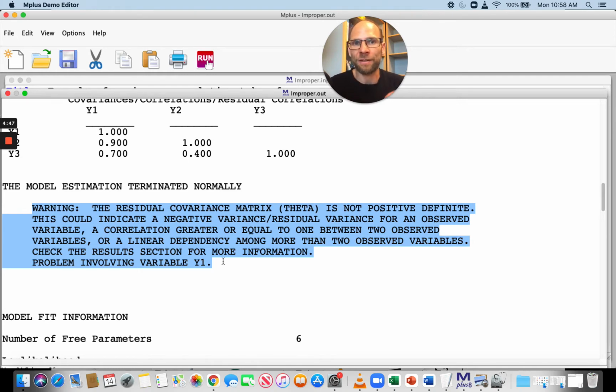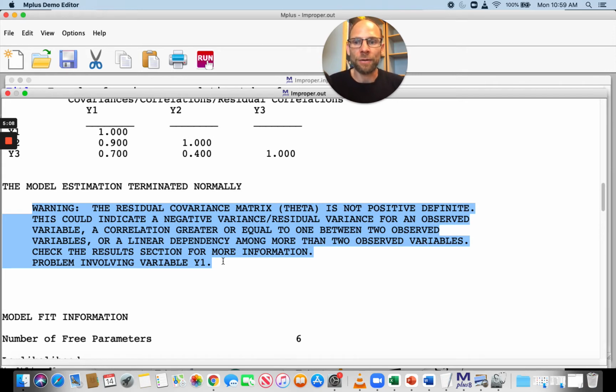A negative variance estimate is strange. It can happen in structural equation models and confirmatory factor analysis for a number of reasons, but it's usually a sign that something is wrong with your model or your data, and I will go into the different reasons in a little bit.